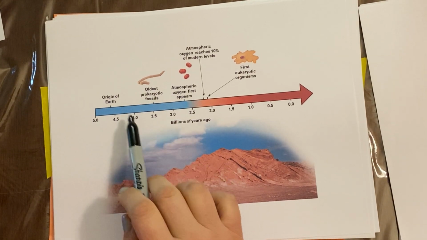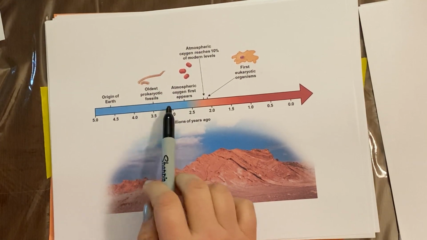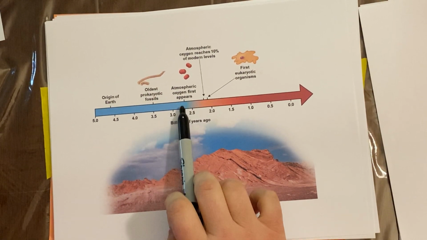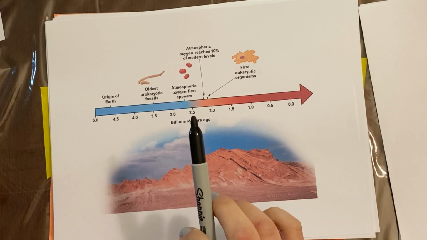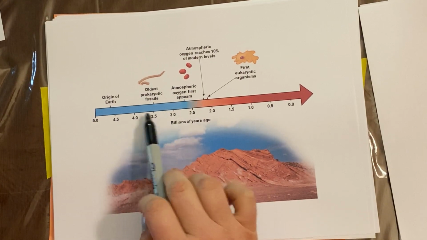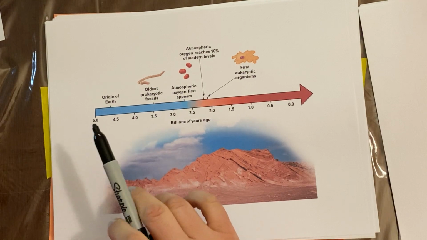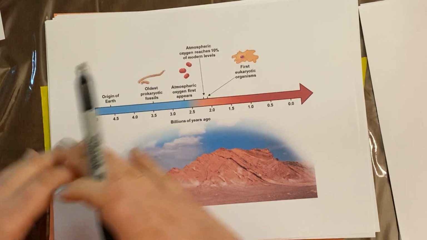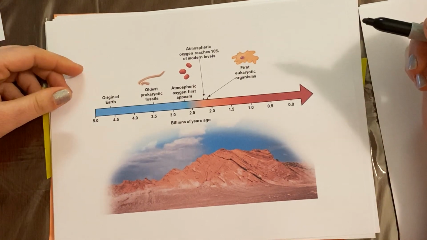Some of the very earliest organisms functioned in very little oxygen at all. It wasn't until close to 2.5 billion years ago that the first atmospheric oxygen was present, which means that the oldest prokaryotic fossils are most likely doing things like glycolysis. So glycolysis, that one process, is a universal energy producing mechanism.